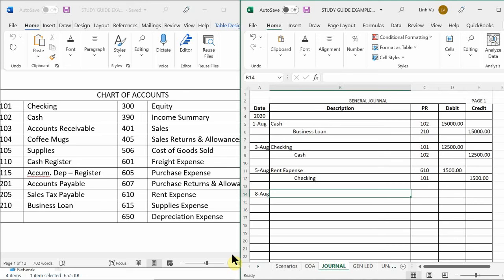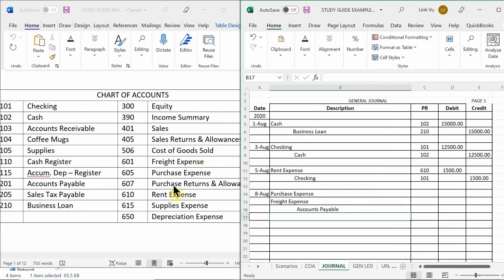Coffee mugs, purchase expense, freight expense, and accounts payable. Okay, that's way too many accounts. Oh wait, just remove coffee mugs. Perfect, right? In this case, it's periodic inventory, so we must recognize it as a purchase expense. We have freight expense, and because we place it on an account, accounts payable.